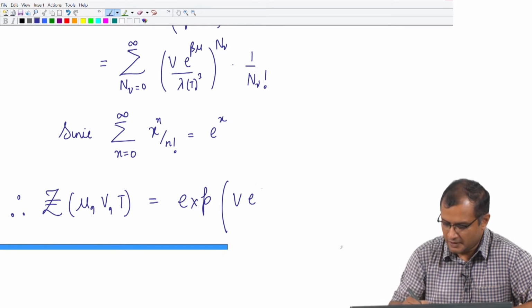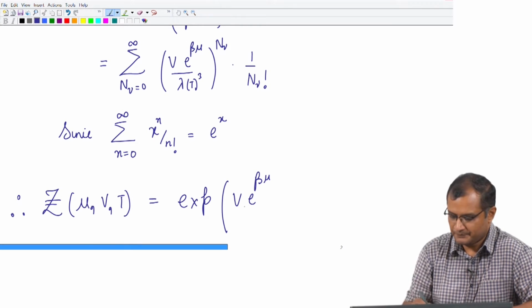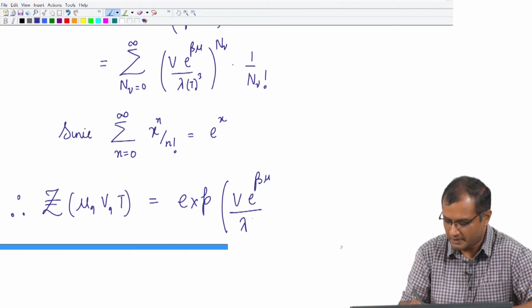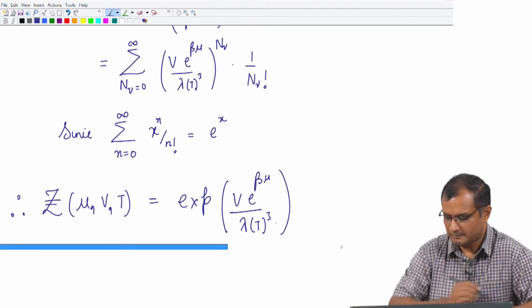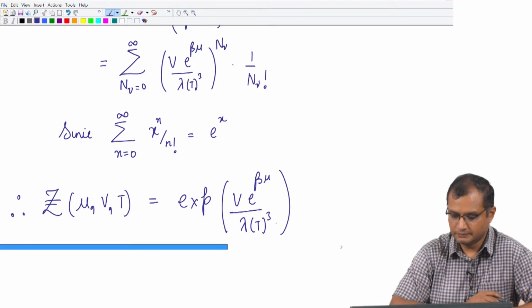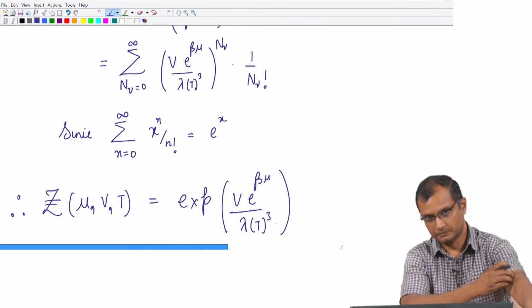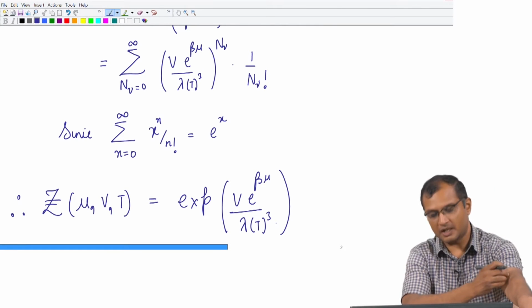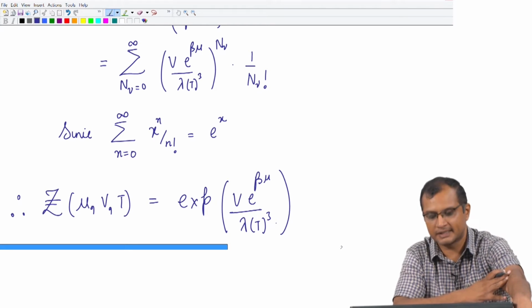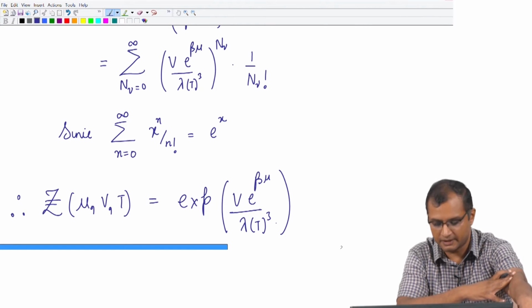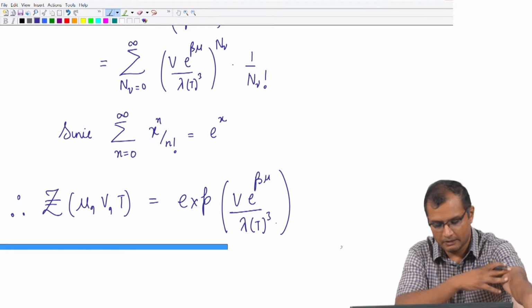V e raised to beta mu over lambda T to the power 3, okay. So, now I have the partition function for the classical ideal gas under a grand canonical ensemble.